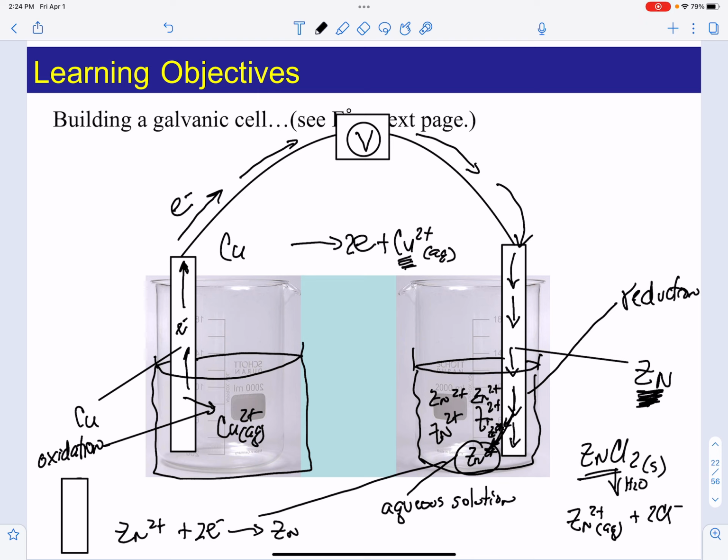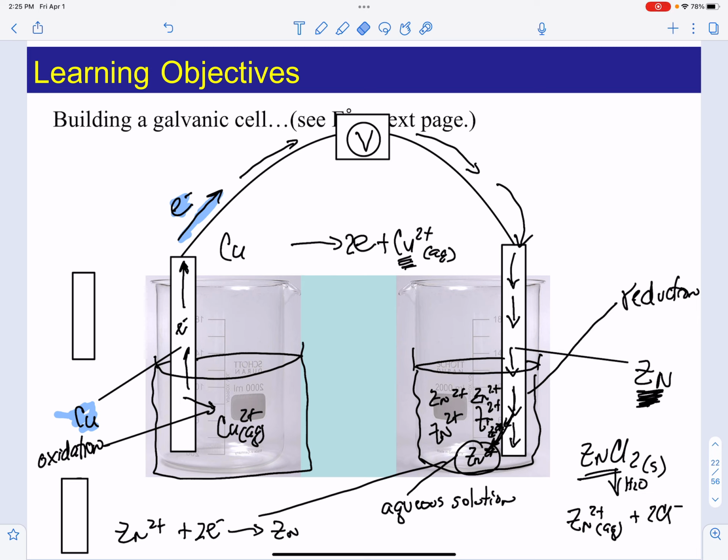So notice this. As the copper loses electrons, the bar that used to be bigger is going to start becoming smaller because it's losing copper, and the copper is becoming part of the solution.